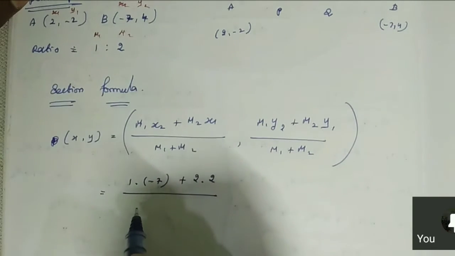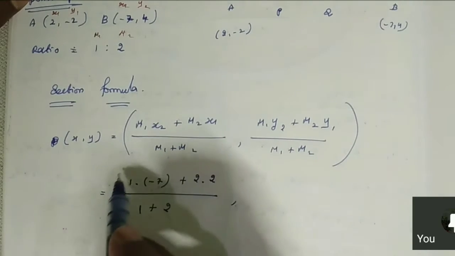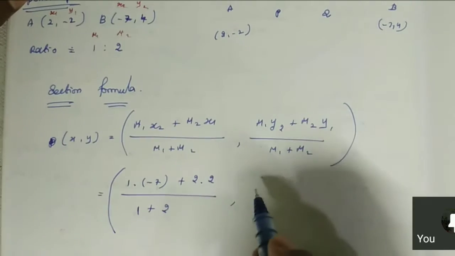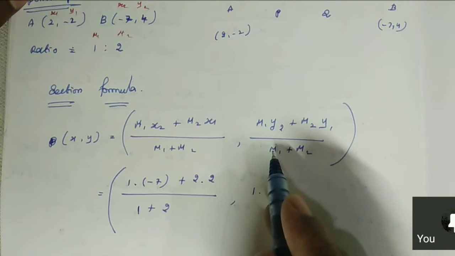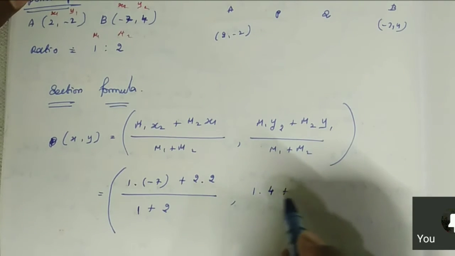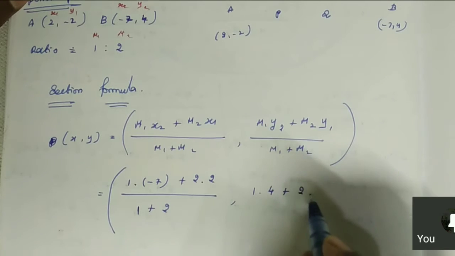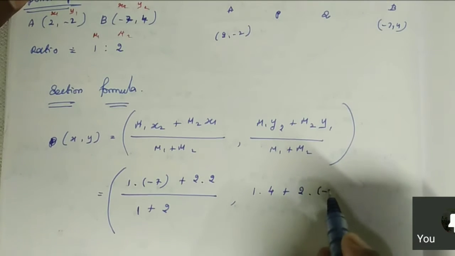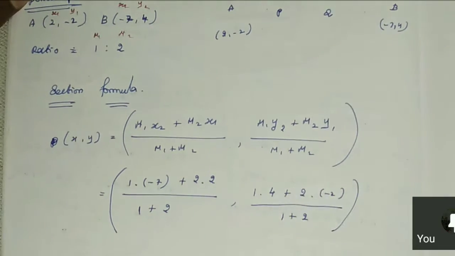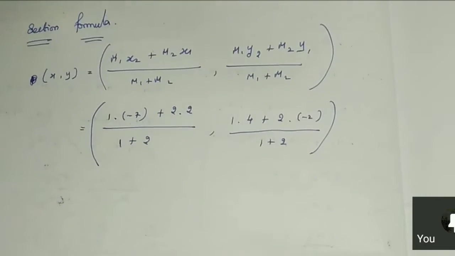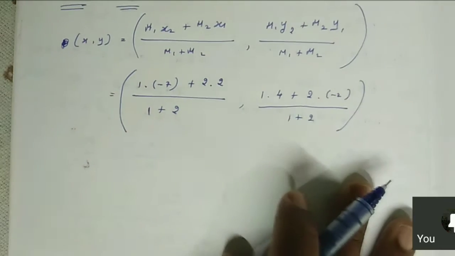Okay, next, m1 plus m2: 1 plus 2, comma. The bracket is more important: 1 into y2, which is 4, plus 2 into y1, which is -2, divided by 1 plus 2. When a value is given as negative, please put it in a bracket.